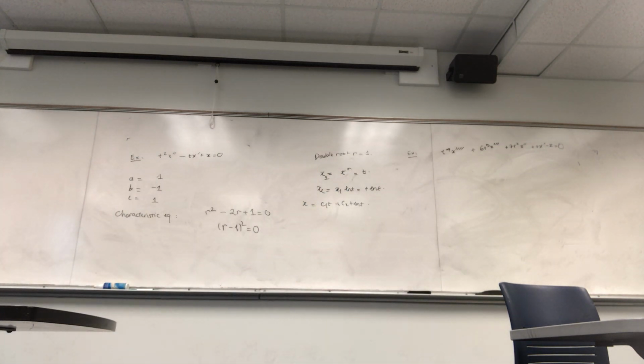Right, so any ideas how you can solve it? Do we want to find a characteristic equation such that it's not dependent on t, like we did for the Euler equation? Right.